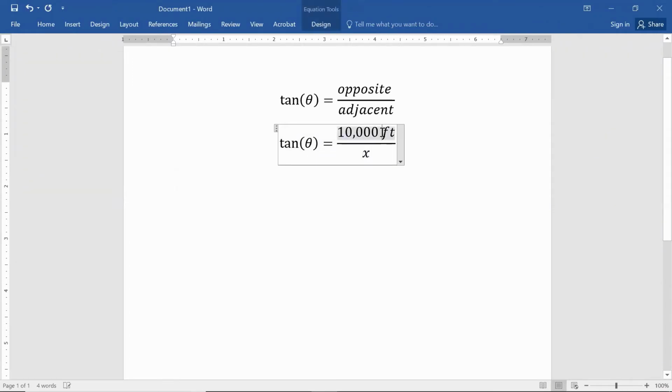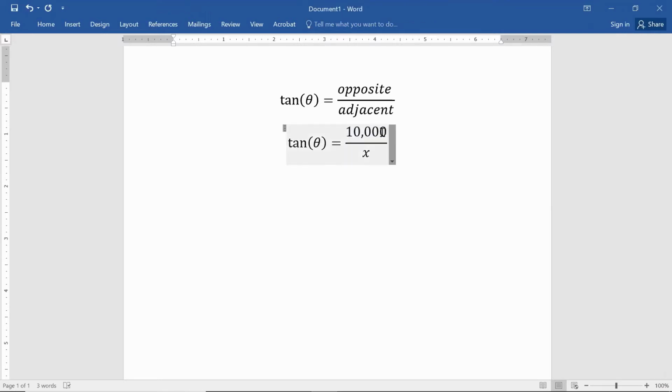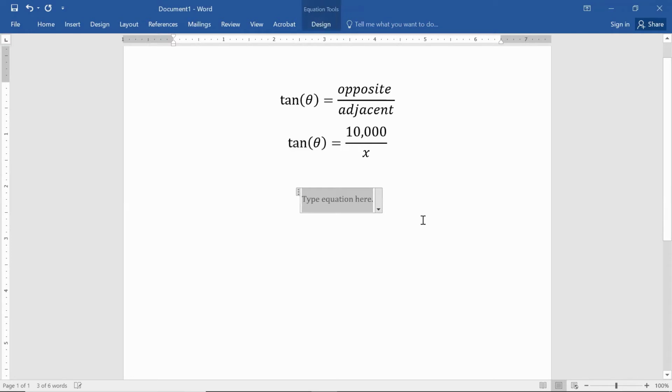The adjacent length is going to be variable, so we're going to call that some variable x. And we come up with this equation that relates the angle of the gun to the distance the plane is away.